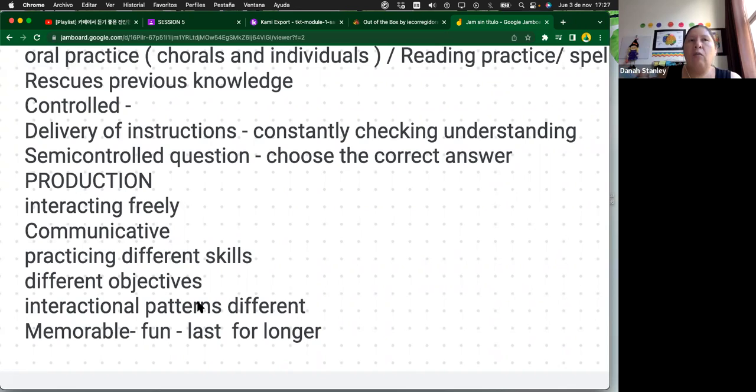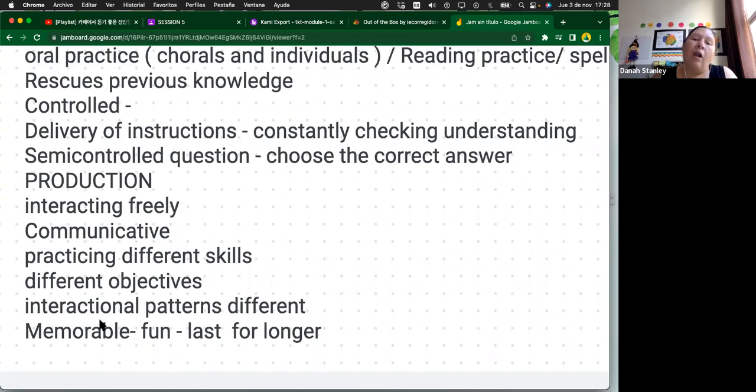So I decide whether the objective was achieved, if they probably need extra practice or help, or probably I need to introduce again the vocabulary, or if they need more or less. So in the evaluation, I have the parameter. I know that if they are doing well or if they don't.